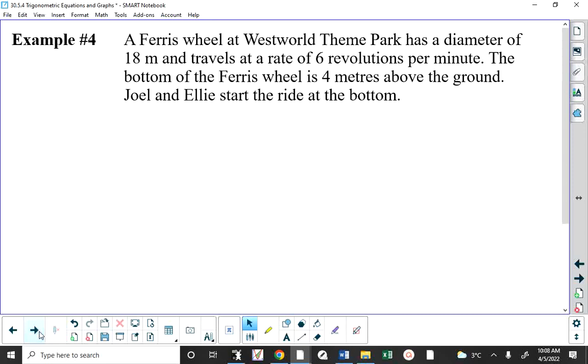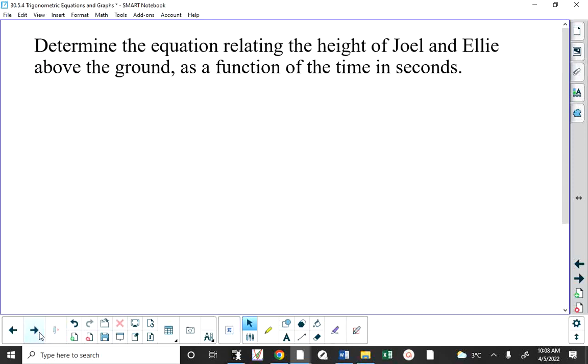And the bottom of the Ferris wheel is 4 meters above the ground. Joel and Ellie start the ride at the bottom. So Joel and Ellie get on the ride, and then they start the ride, and it starts going around and around and around. So here's a diagram of it, and we're asked to determine the equation relating the height of Joel and Ellie above the ground as a function of time in seconds.